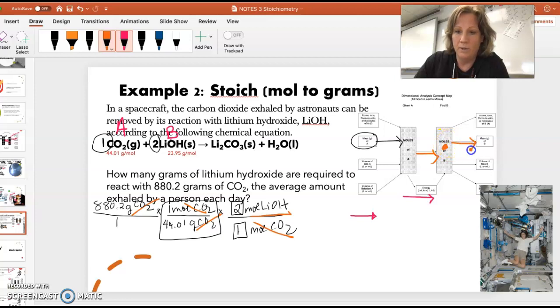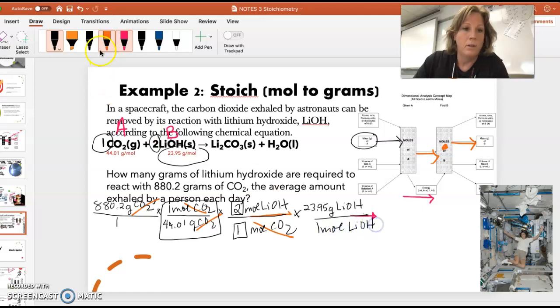I'm going to go one more step, and now I'm going to use my molar mass of lithium hydroxide, which is 23.95. So there's that many grams in 1 mole, always 1 mole. And again, you can see my moles cancel.